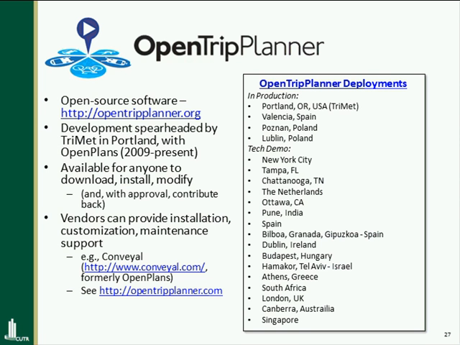There have been a number of production OTP deployments, TriMet, which we're going to look at more specifically in the next slide, and a couple of international deployments in Spain and Poland. And then we've seen a large number of tech demos as well, including one that we set up as part of our research project here in Tampa, Florida.